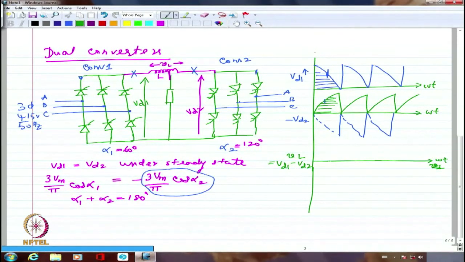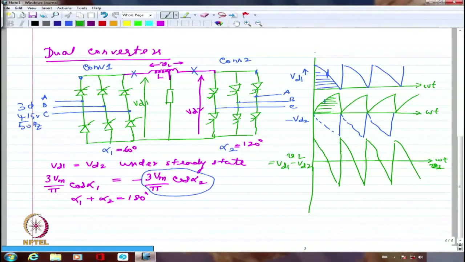So if I try to draw for every 60 degrees, only in the midpoint it is going to correspond to 0, and it is going to start from a high value which corresponds to Vm sine 120, right? So it is going to start from a high value, come down, and then go negative. Again do the same thing. It will repeat itself. This is the kind of waveform I am going to have for the inductance.